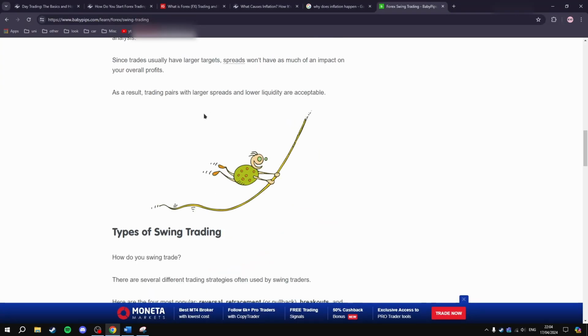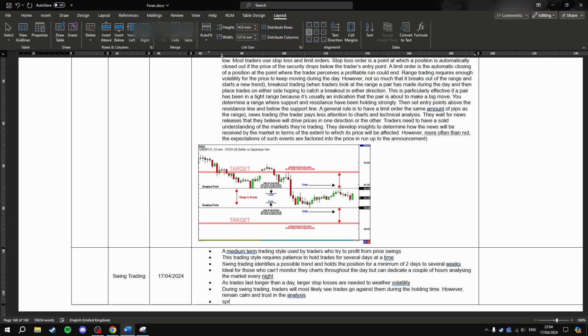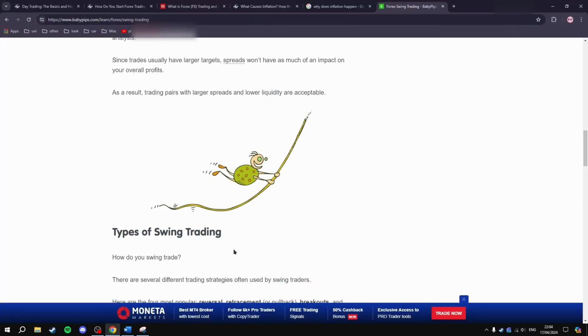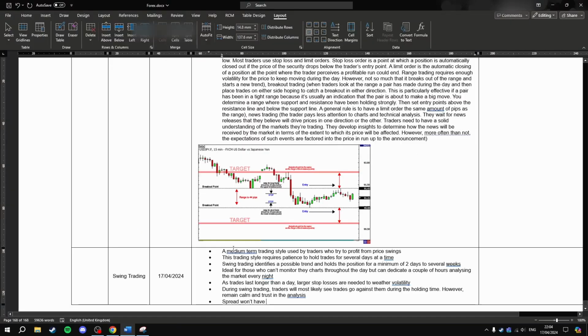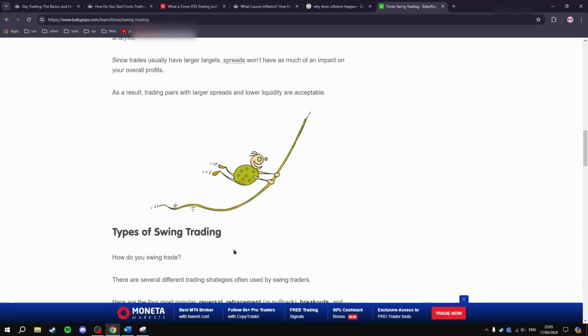So spreads won't have much impact on your overall profits. As a result, trading pairs with larger spreads and lower liquidity are acceptable.